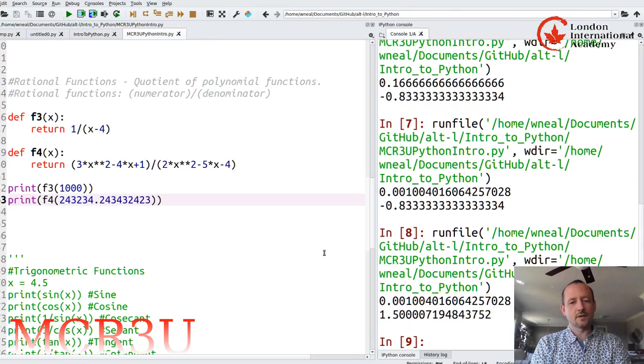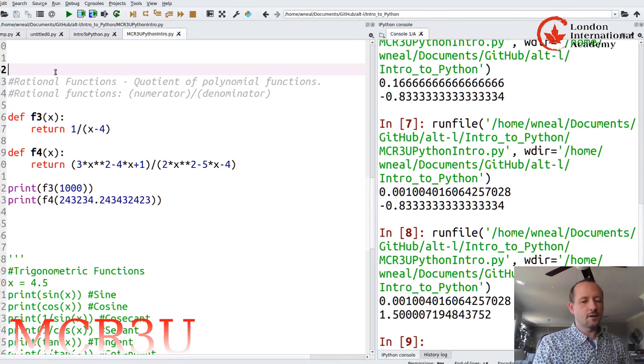No problem. It just loves to do the calculations. So Python is very powerful, and it will very quickly get your work done compared to your calculator. So this is a very powerful calculator for you to use. So there we have rational functions, a second topic. So we will comment these off.